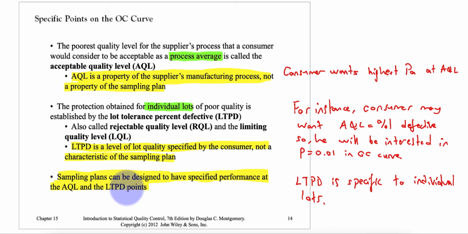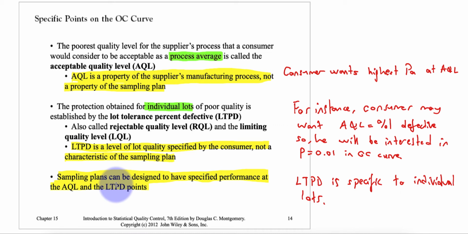In this sampling plan, we will choose single sampling, double sampling, multiple sampling, etc. according to those points. We will also set our sample size according to those points. And we will also set our C value, the reference value, according to those critical points.